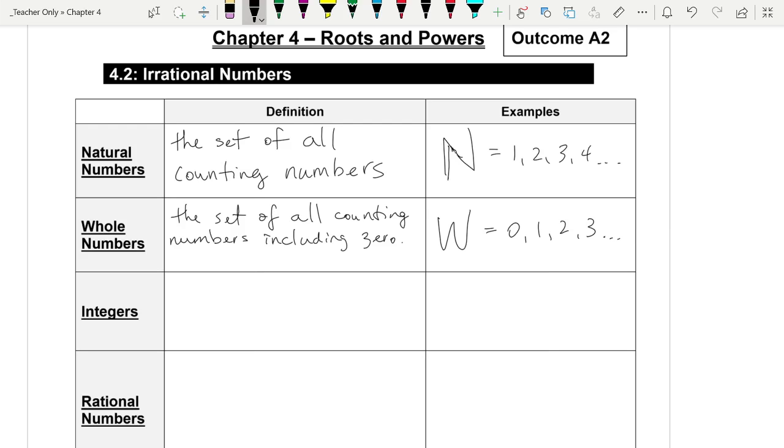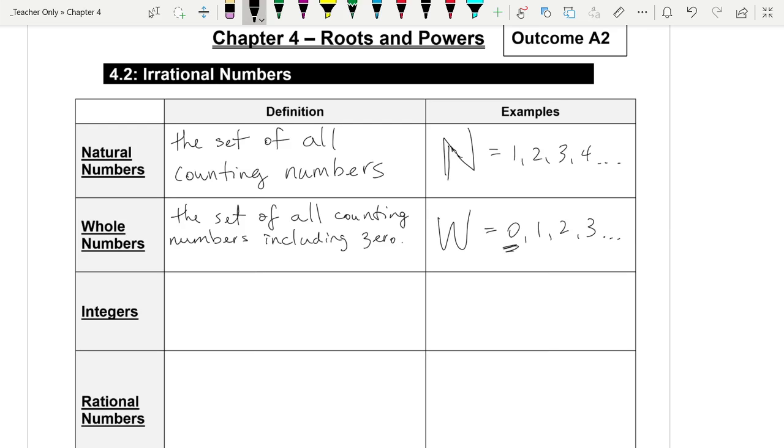So 0 has never been a natural number until recently, but certainly Europe has gone that way, and I think the Americans are too. And I have a feeling a few years from now, even the Canadians will start saying, to heck with whole numbers. Why invent the whole set for one extra number? But as of right now, the curriculum says that these are different sets, but they're only different by one thing. This set's got a 0 in it. That's about all.